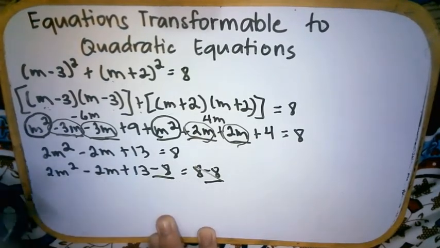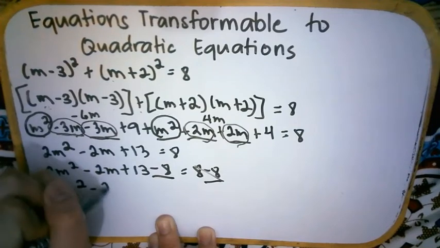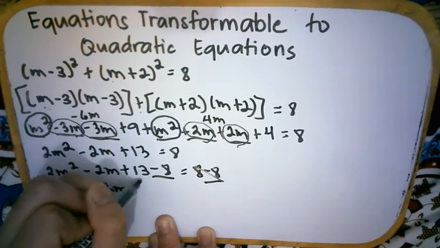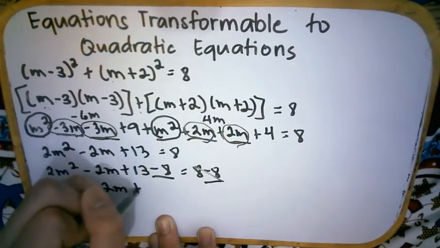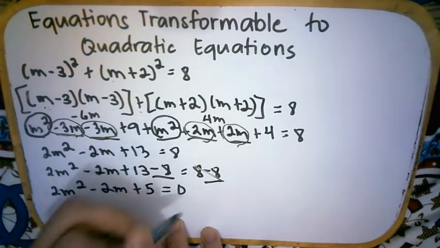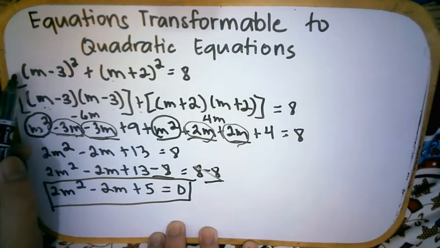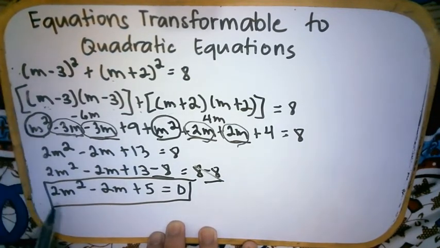So cancel na to. Then we have 2m squared minus 2m. 13 minus 8 is 5, plus 5 equal to 0. So this will be our final answer. So now from here, naging quadratic equation na siya. Since we have 2m squared, then minus 2m plus 5 equal to 0.